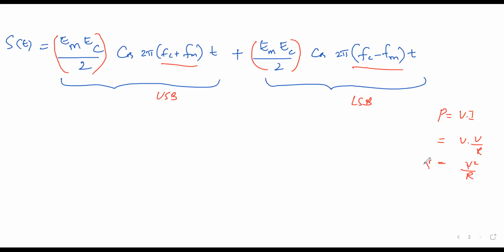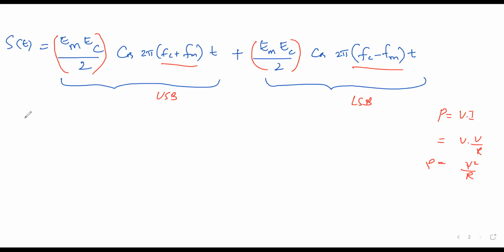So now here we have only the amplitude values. We are taking the expression for power in terms of voltage. So now the power of the sidebands can be calculated as, this V square is the square of the root mean square value, and root mean square value is the maximum amplitude divided by root 2.